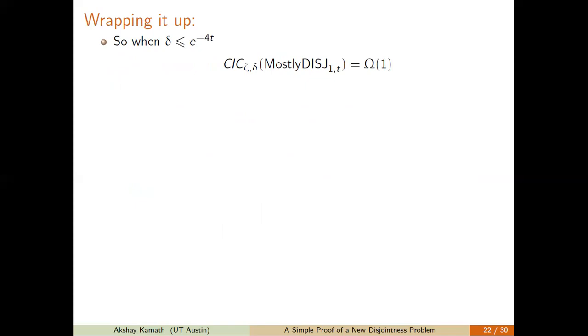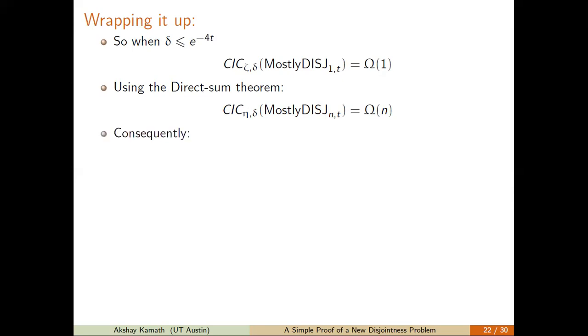So let's wrap up the entire proof. Since the conditional mutual information term was omega of 1 when delta was less than e to the negative 4t, the conditional information complexity of mostly disjointness on one coordinate is omega of 1. Using the direct sum theorem, the conditional mutual information with respect to the hard distribution eta that we defined earlier of mostly disjointness on n coordinates is omega of n.